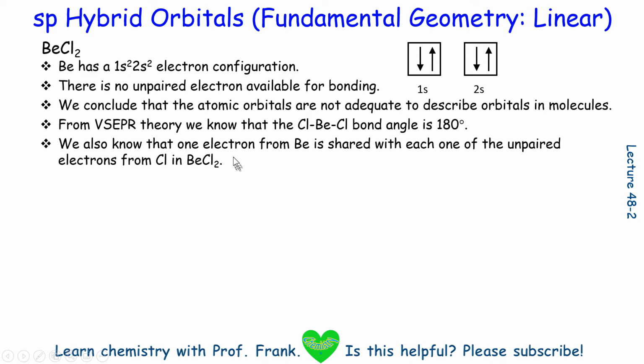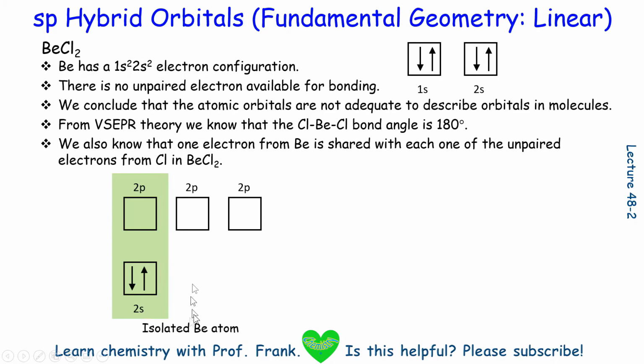We also know that 1 electron from Be is shared with each of the unpaired electrons from chlorine in beryllium chloride. But now, let's take a look at how valence bond theory can explain all of this.